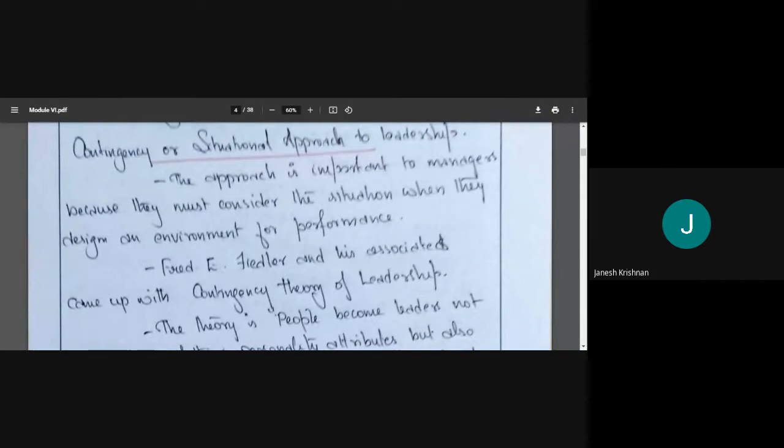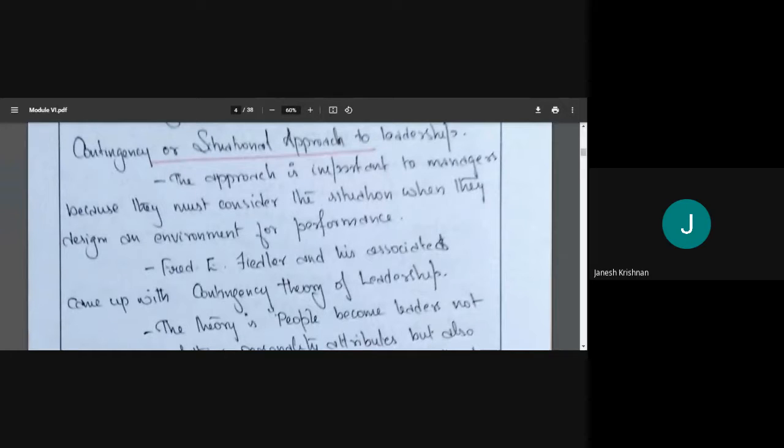Leadership means what? It's an art. It's a process of inspiring people so that they willingly and enthusiastically try to accomplish the goals, right? Try to accomplish the organization goals or objectives.